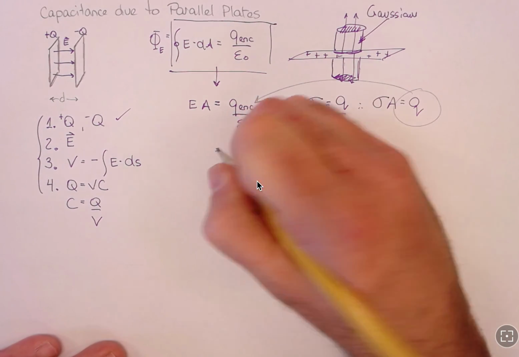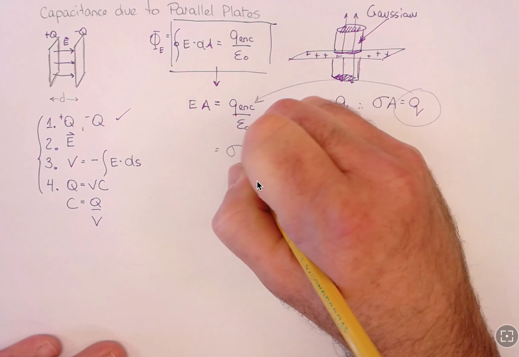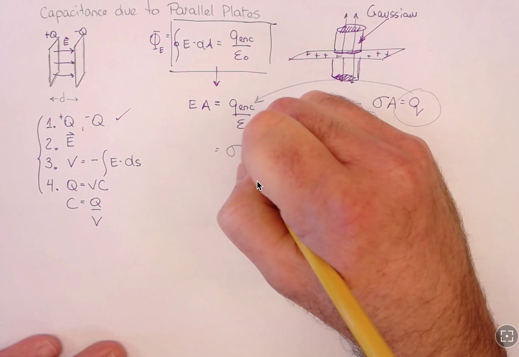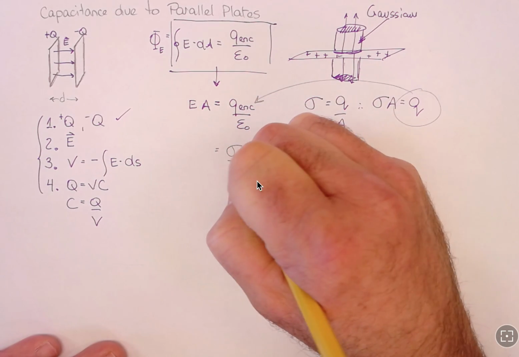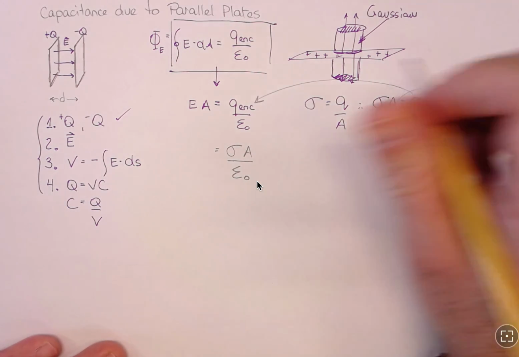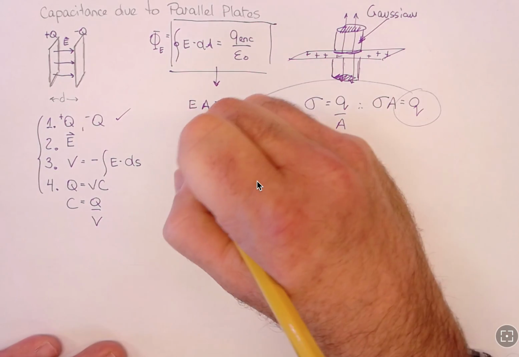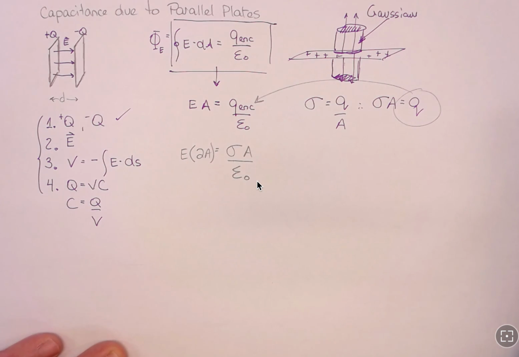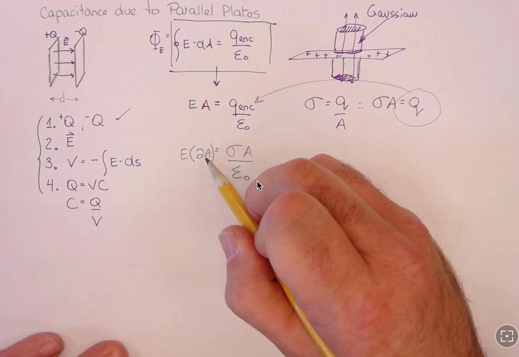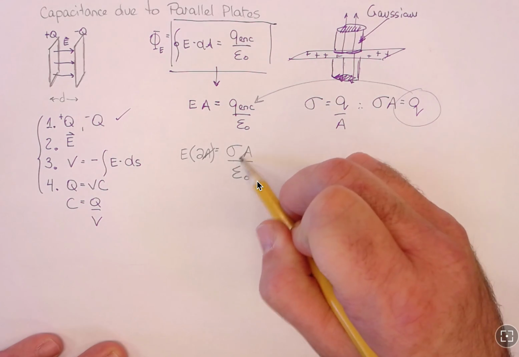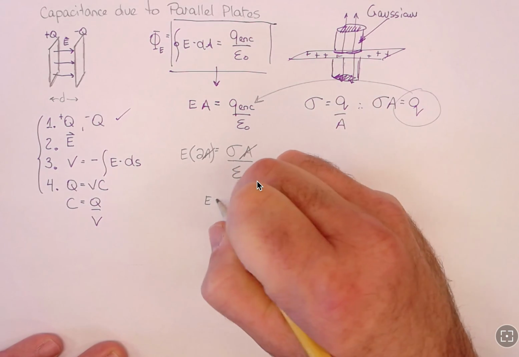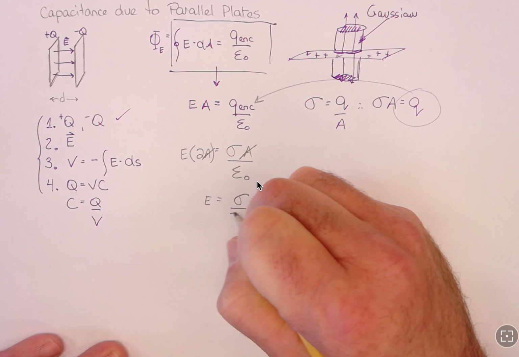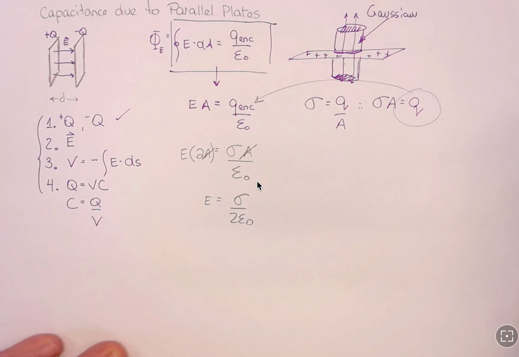So on the right-hand side, sigma times area divided by epsilon naught is equal to E times 2 times the area of one of the circles. Now, we know that the area of a circle is pi r squared. I could put that in, but we can immediately see that the variable A is going to drop right out. As I solve this for E, I get sigma over 2 epsilon naught.